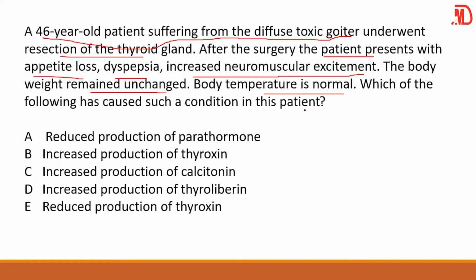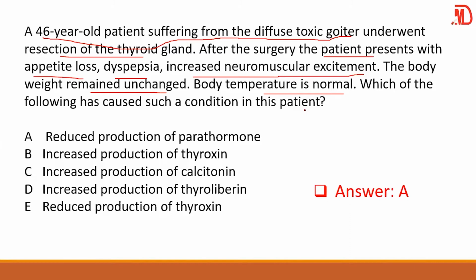So you can have hypoparathyroidism. Therefore, what can be the cause? We are thinking of a decrease in the parathyroid hormone. So your answer should be A, a reduced production of parathyroid hormone.